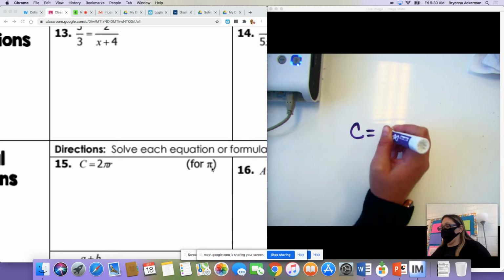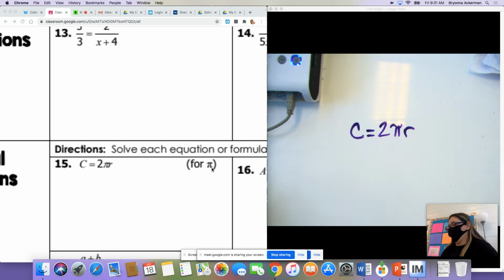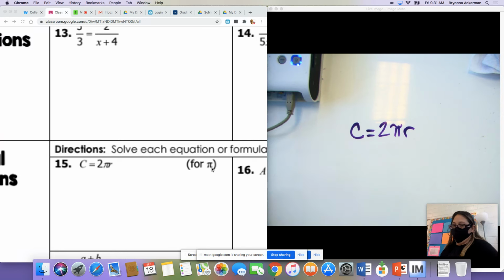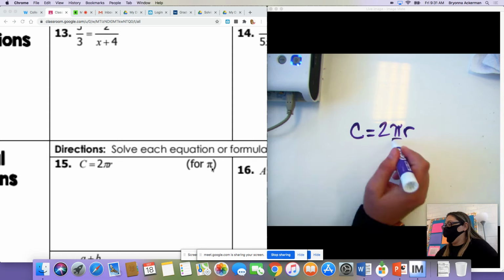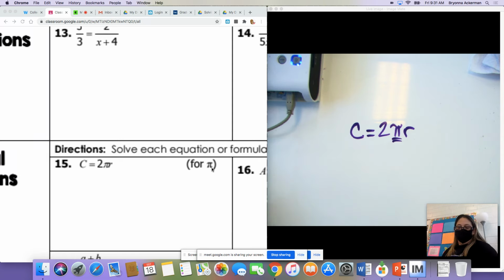So we have c equals 2 times pi times r. Remember, r is the radius, and c stands for circumference in this case, okay? But it's telling me, hey, isolate pi, okay? Well, how are 2 and pi and r connected? What operation is connecting them?